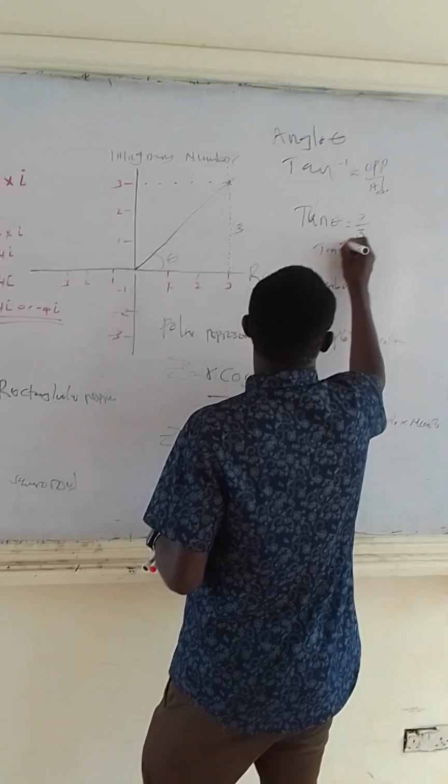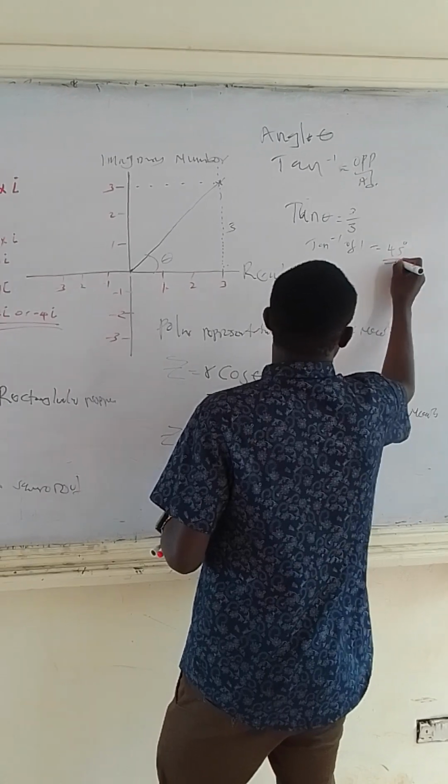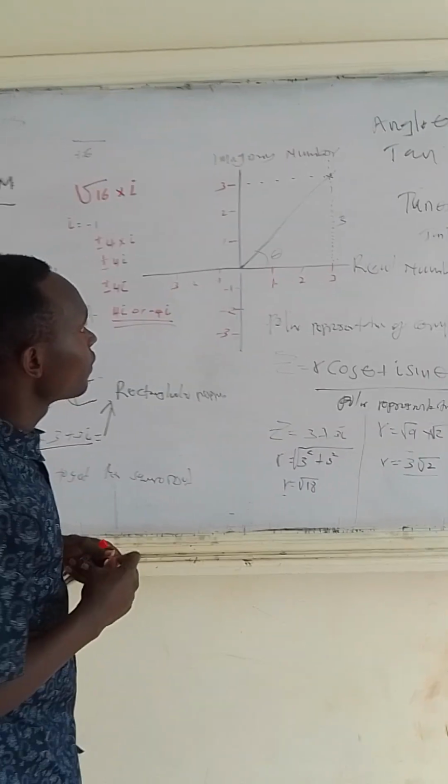So theta is the tan inverse of 1, which is 45 degrees.